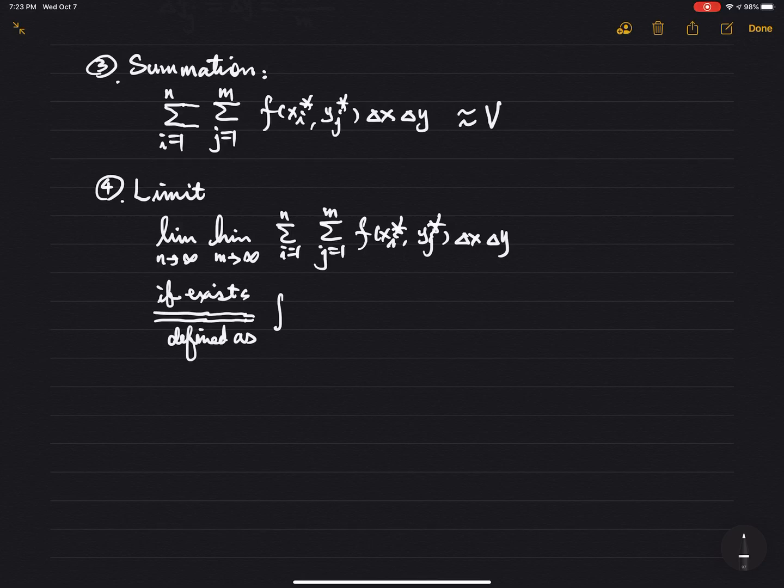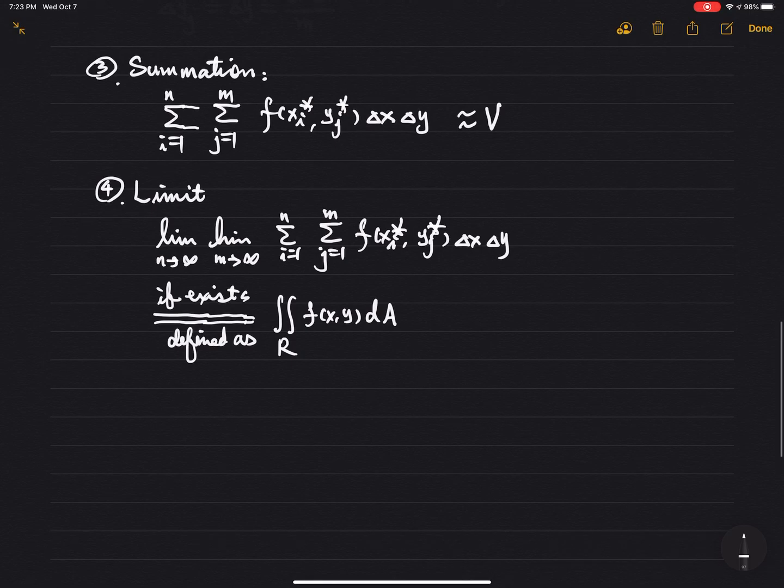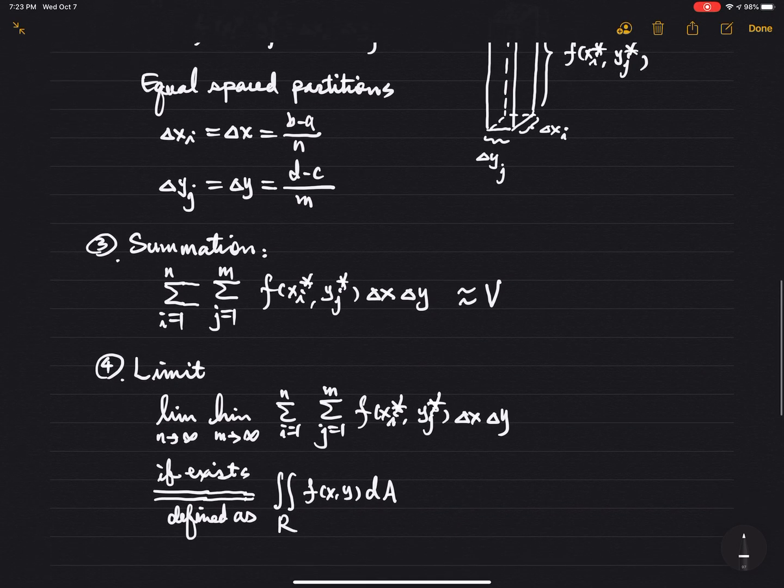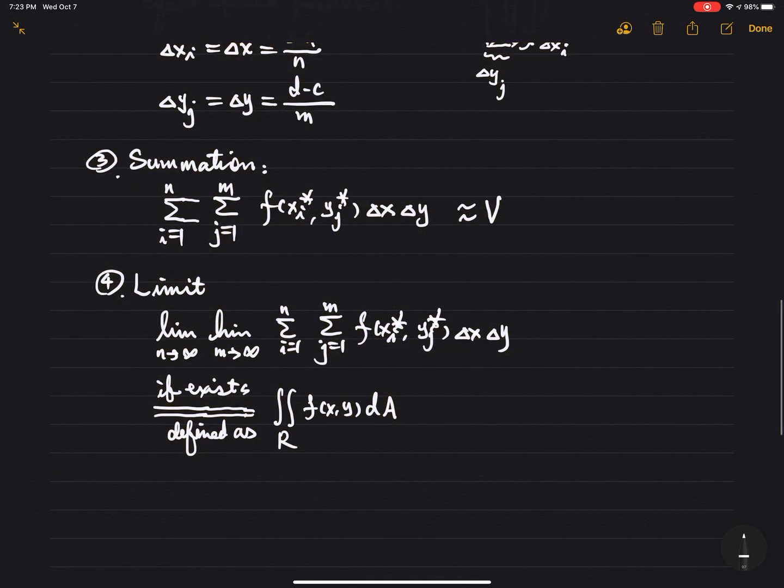We use this double integral, f(x, y) dA, where dA is the base sub area. So this is the double integral representing the volume, and this is the exact volume.